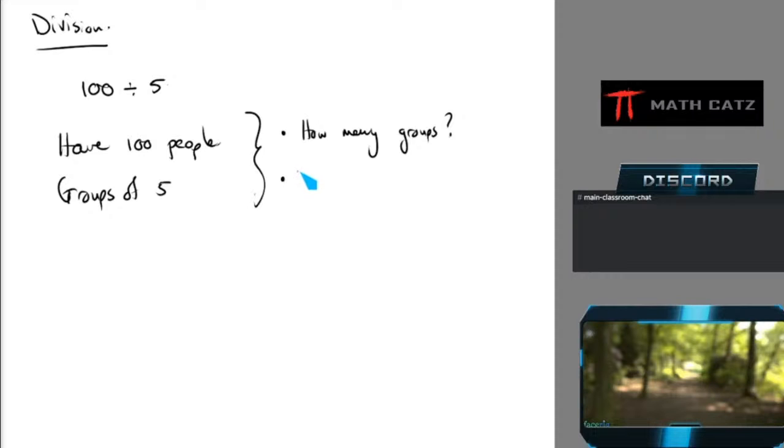I can say, how many times can 5 fit into 100? I have these groups of 5. How many times will I be able to fit a group into the 100? That's exactly the same.